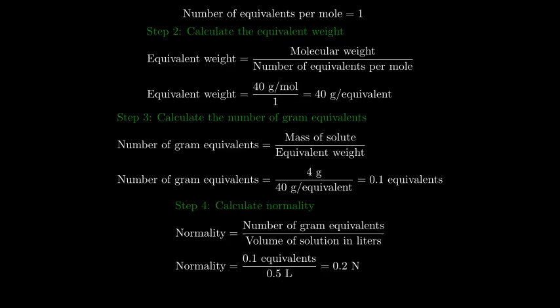Step 4. Calculate normality. Normality equals number of gram equivalents divided by volume of solution in liters. Normality equals 0.1 equivalents divided by 0.25 liters equals 0.4 N. And notice how the normality of H2SO4 is twice its molarity because each mole of H2SO4 provides 2 equivalents of H plus ions.